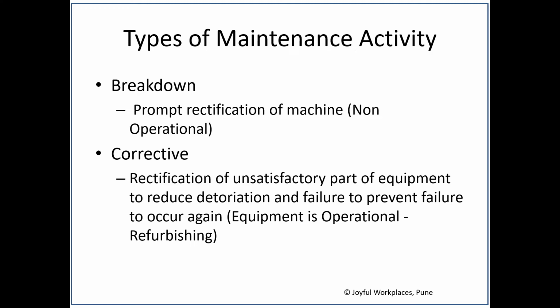Remember, it's not preventive maintenance, but whenever they are opening a machine to overcome the breakdown, they understand there are some issues, and that's why they take a corrective action. It is called corrective maintenance activity. Sometimes you also call it refurbishing, where many parts get replaced.